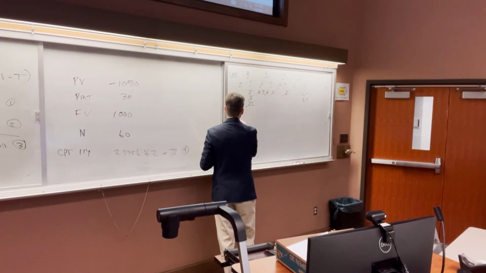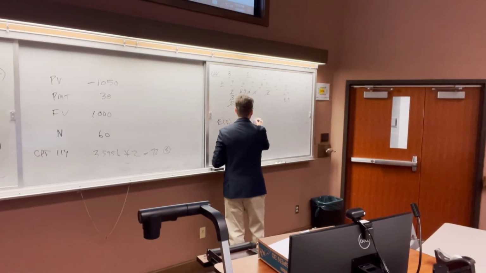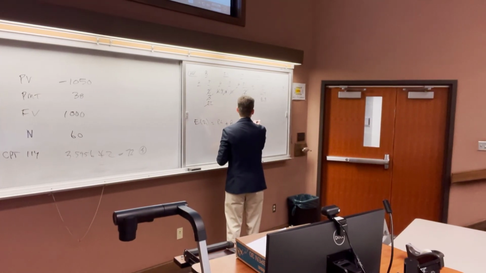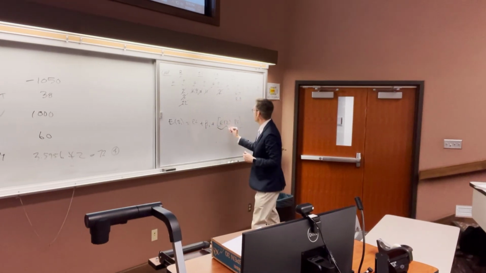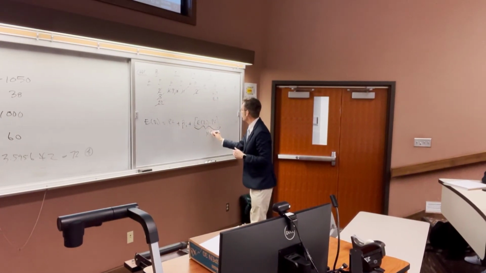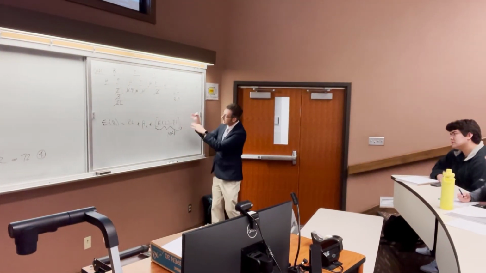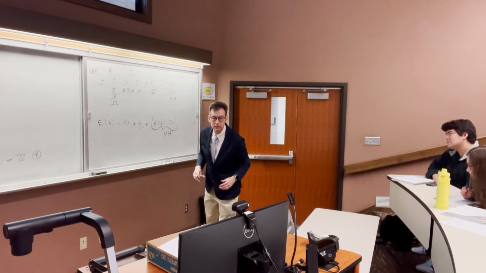The expected return on stock i is equal to the risk-free rate plus the beta on stock i times the expected return on the market minus the risk-free rate. But this whole thing is the market risk premium, right? And so I don't have to subtract out of that. What do they tell me the market risk premium is?